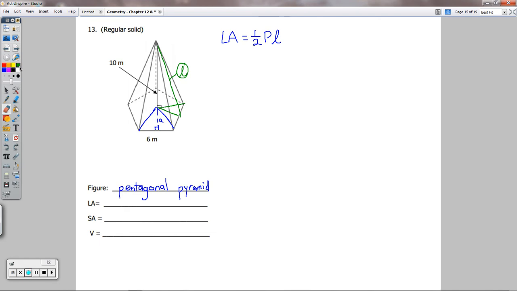So you can see I could have just drawn in one triangle right here and used that to find apothem and slant height. So I'm going to try to figure out whatever I can first based on the information that's there in the picture. So this is going to be 1/2. The perimeter is pretty easy. That's 6 times 5. The slant height's a little tougher.